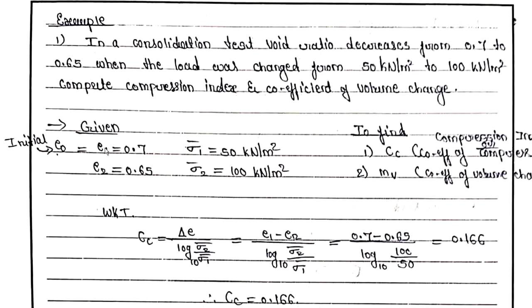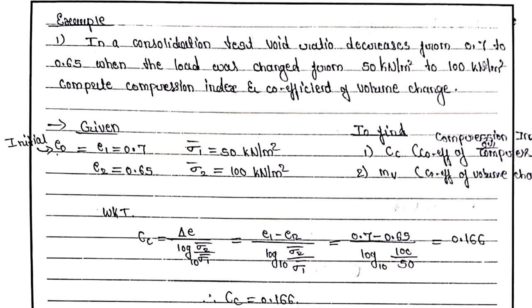So e1 is equal to 0.7, e2 is equal to 0.65. e1 is initial and it was changed to 0.65 at the final. Sigma 1 dash is equal to 50 kilonewton per meter square, that is the initial stress which we have applied, and sigma 2 dash is equal to 100 kilonewton per meter square.